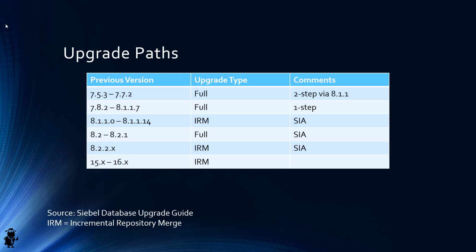So you would have to do two upgrades, one to 8.1.1 and then from 8.1.1 to 20.x, which is doable, but of course a lot of effort. You see that the closer you get to the modern Siebel versions, you have the choice between full upgrade or the simpler, faster, incremental repository merge, which we will focus on in this training because it's the most likely scenario that you are somewhere between 8.1.1 and Siebel 16, which is the majority of customers.